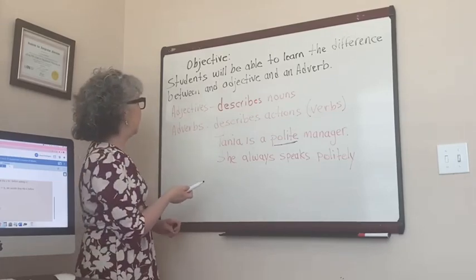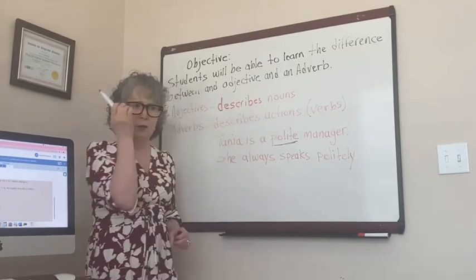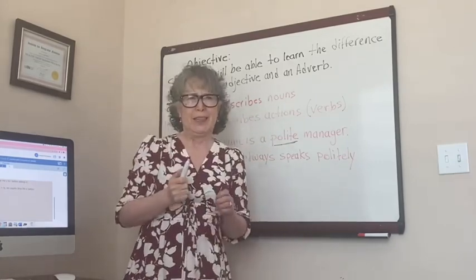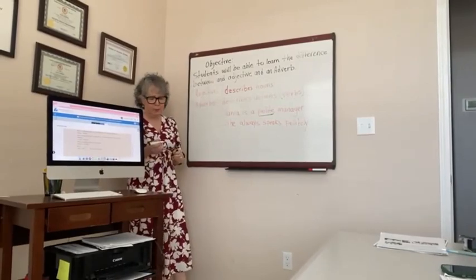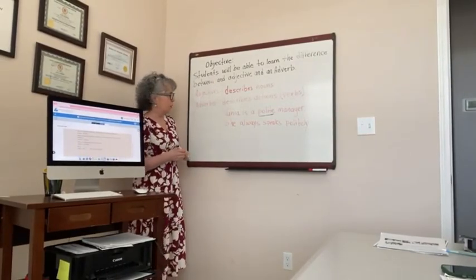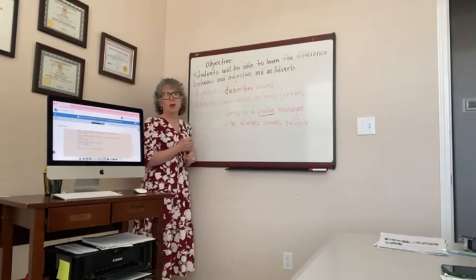Do you remember what a noun is? What is a noun, Ariana? The nouns are person, place, or things. Yes, exactly. So person. Tanya is a person. A place. Let's make a sentence using a place. Let's describe Odessa.